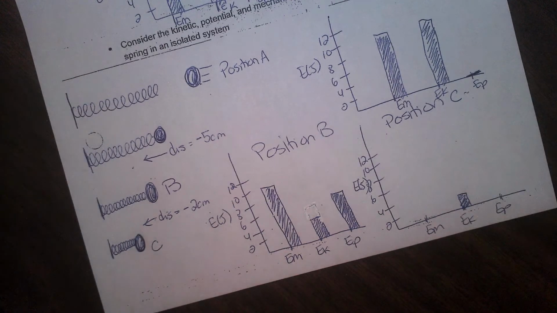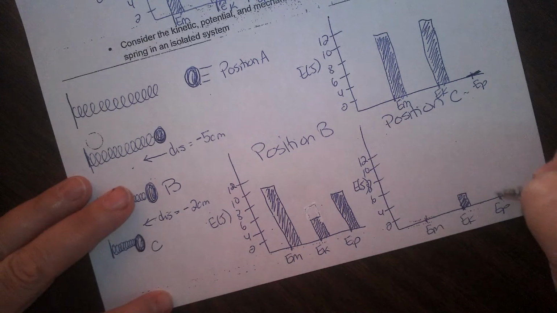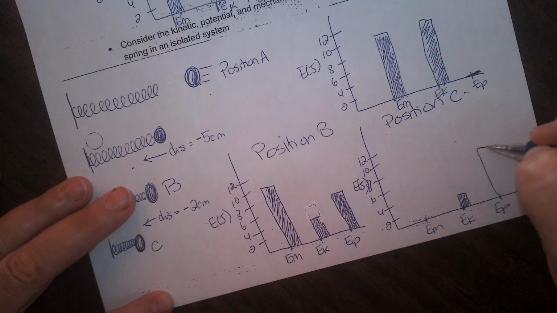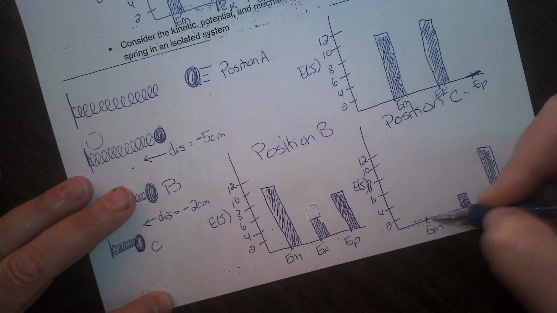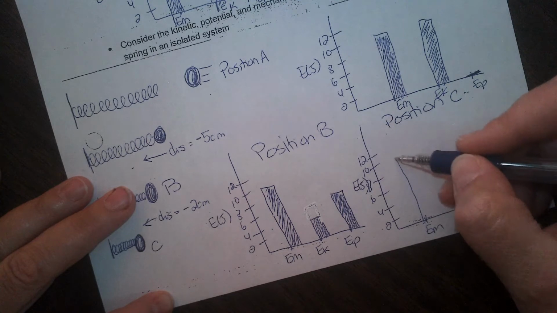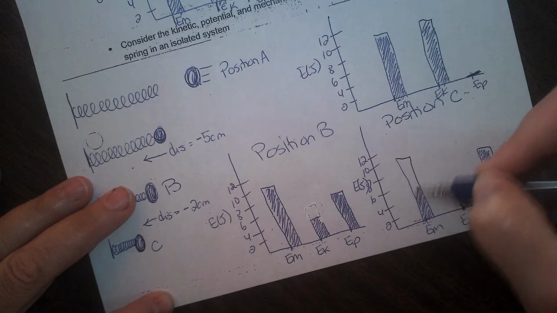Okay? What do we know about the potential energy of that ball to rebound at this point with this level of compression? It's much greater, to the tune of 8 joules. And so then the mechanical energy is going to be 10, I mean, sorry.